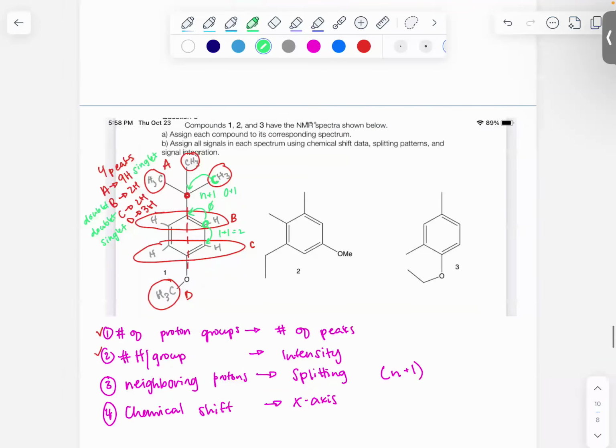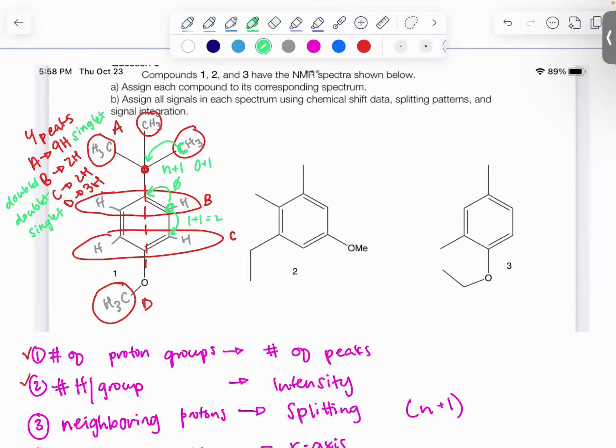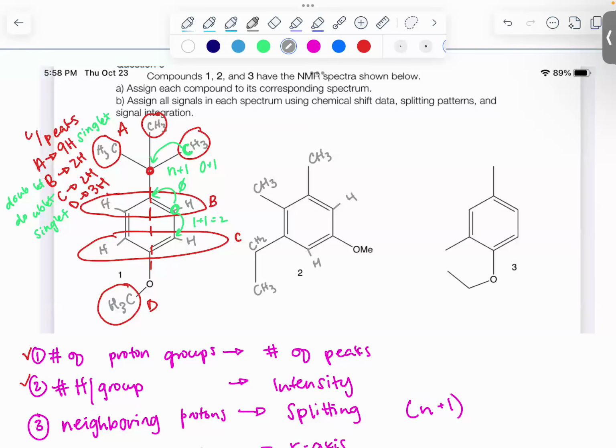We then move to our next one. How many proton groups are here? Anyone have any thoughts?